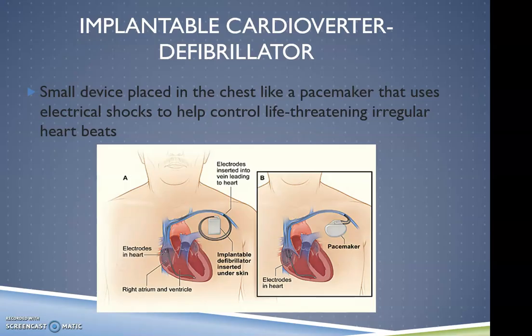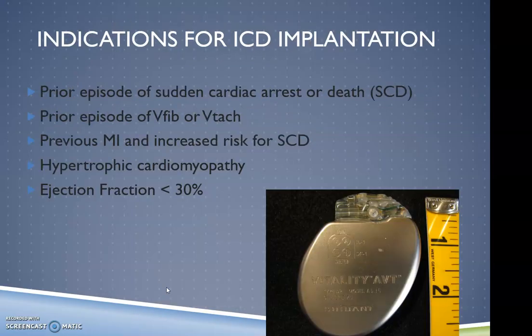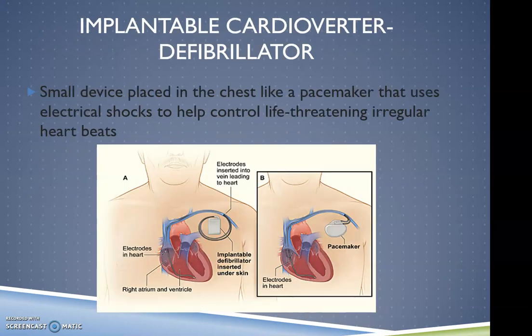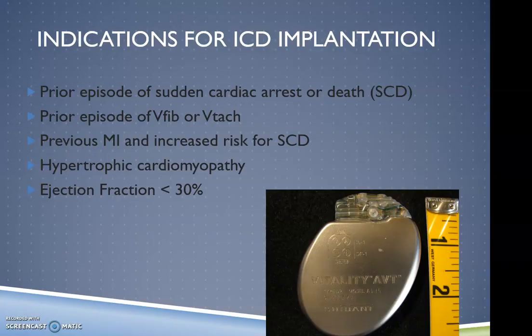They really have gotten away from just placing plain ICDs anymore. But anyway, it's placed in the same area and has leads just like a pacemaker. So what this can do is recognize VTach or VFib and deliver electrical shocks to shock the patient out of it. So what are some indications?